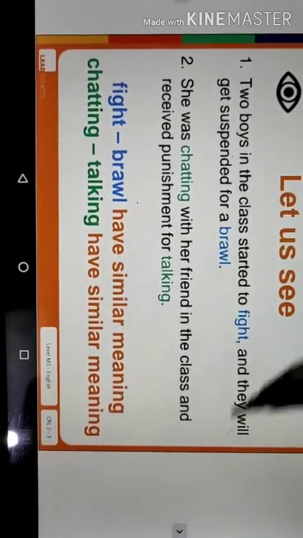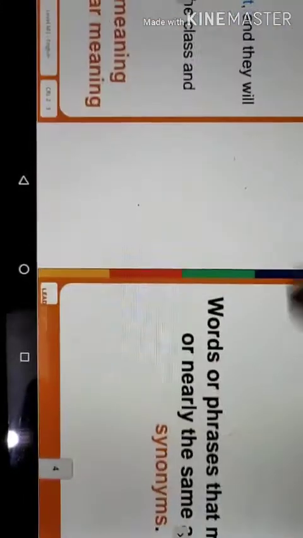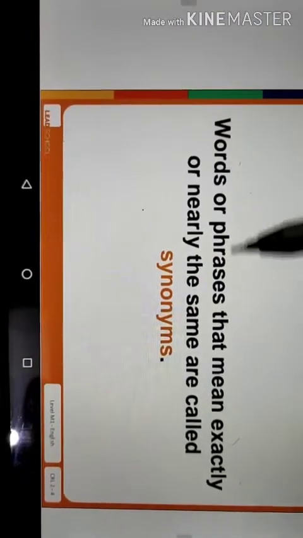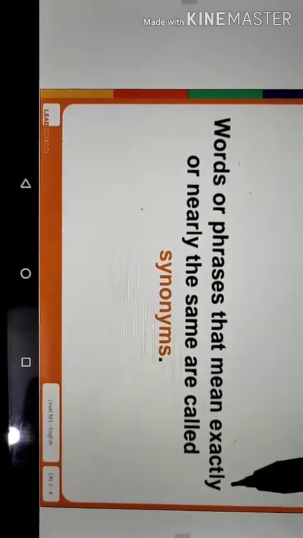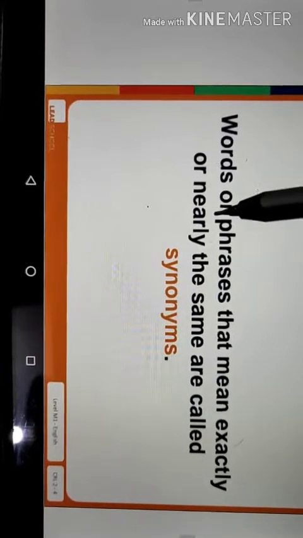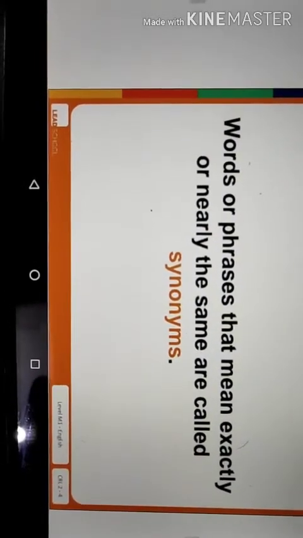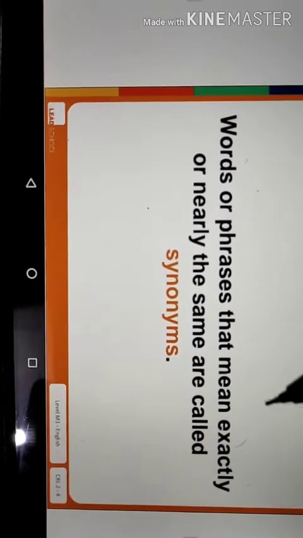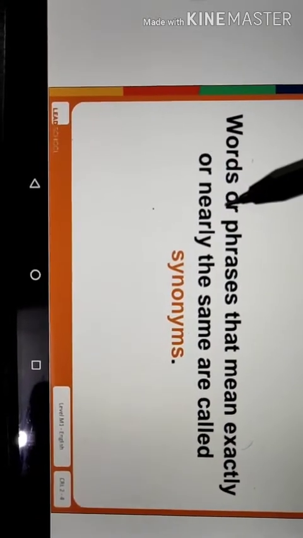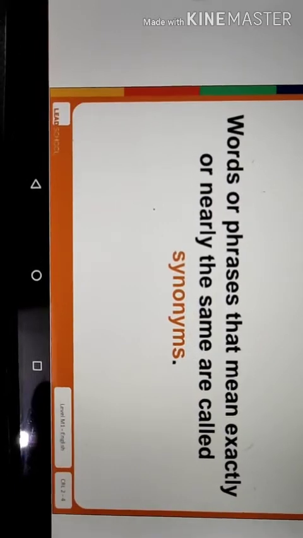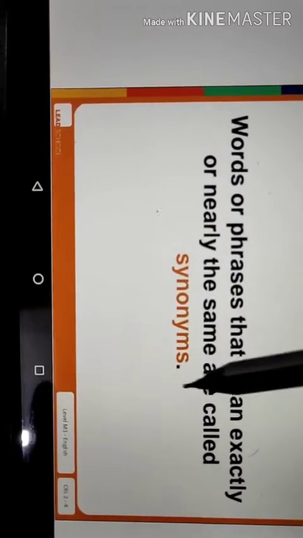Chatting and talking, they have similar meaning. So, words or phrases that mean exactly or nearly the same are called synonyms. So the words which have similar meaning, like they mean exactly the same or nearly the same, are known as synonyms.